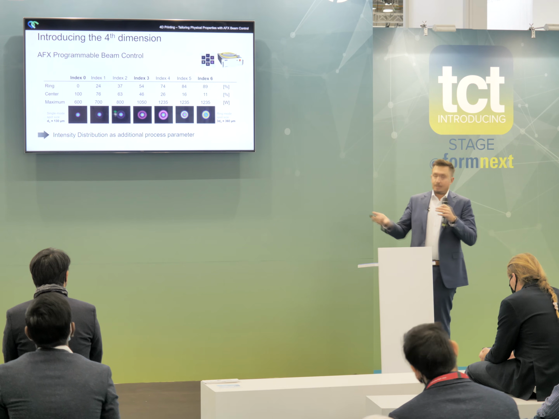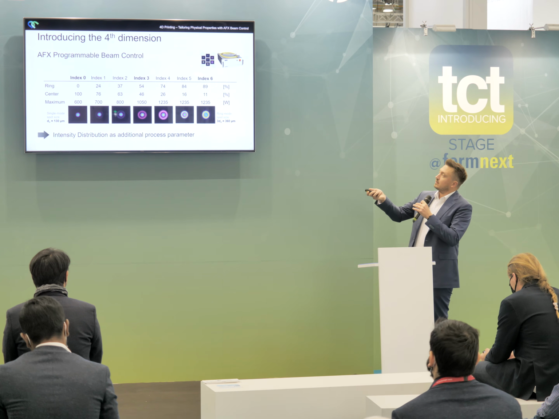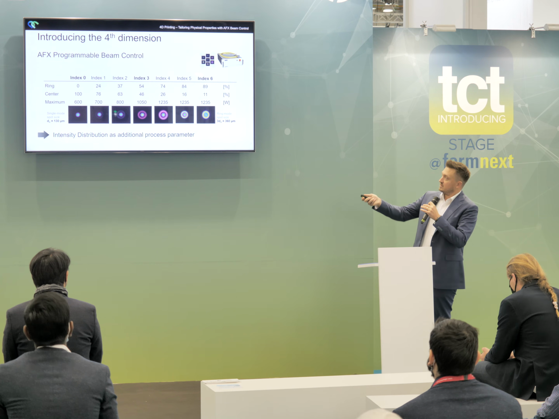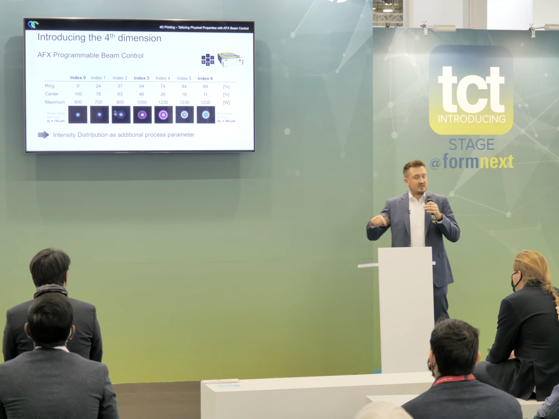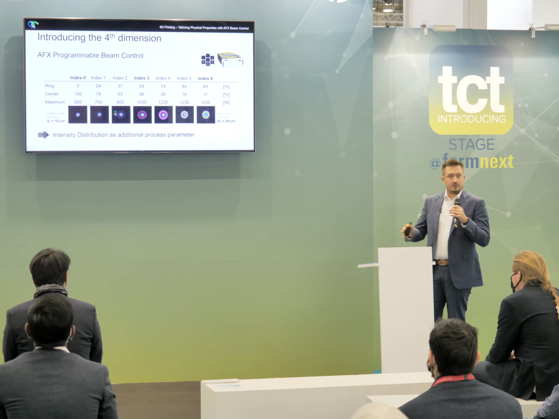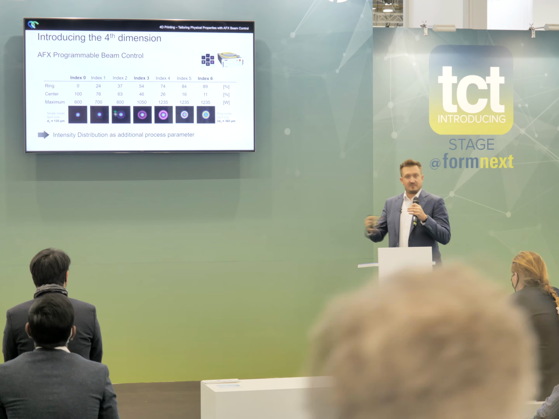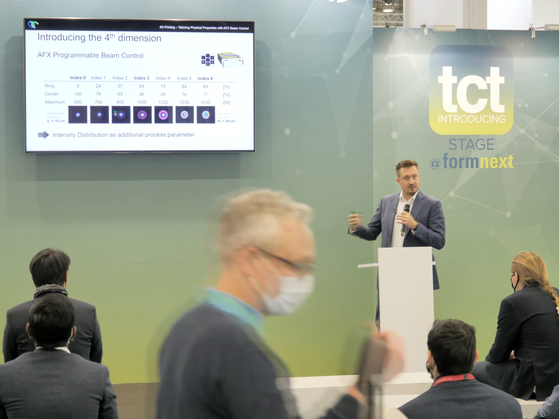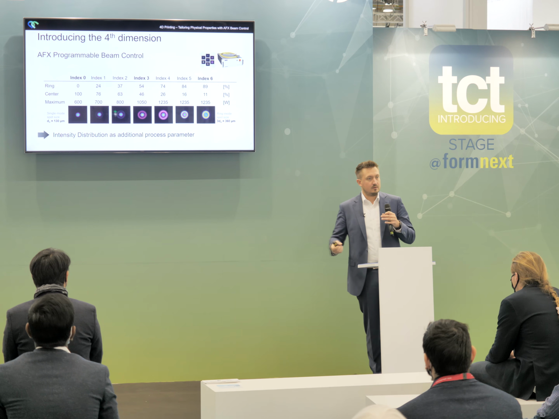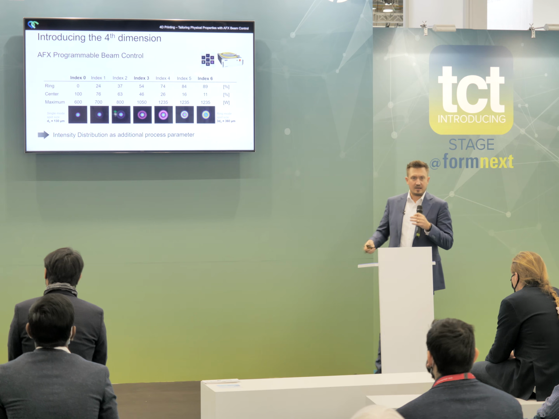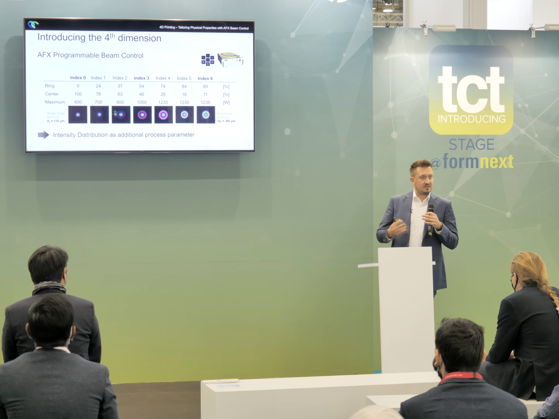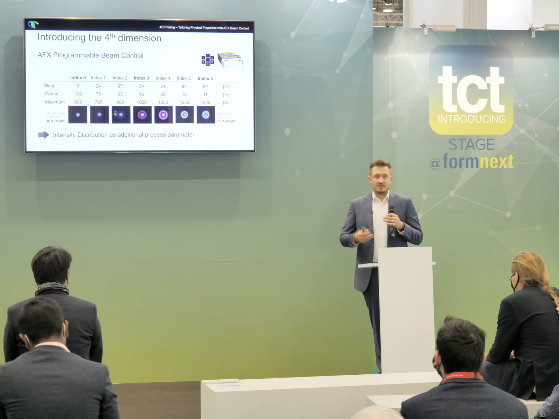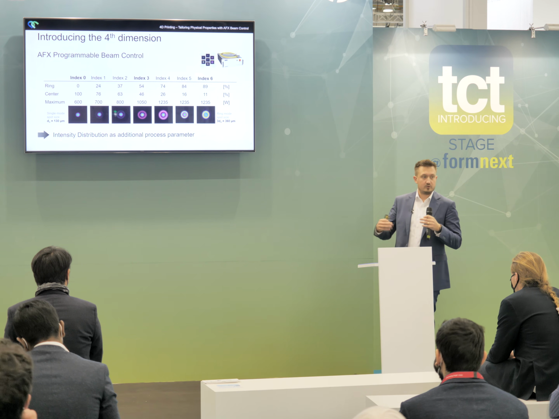So we can generally create a Gaussian beam seen on the left side or something like a ring mode intensity distribution seen on the complete right and 5 steps in between. And since this all happens within the laser beam source within around a few 10 milliseconds, it allows us to treat the intensity distribution as a process parameter similar to laser power, scan speed, spot diameter, modulation, and so on.